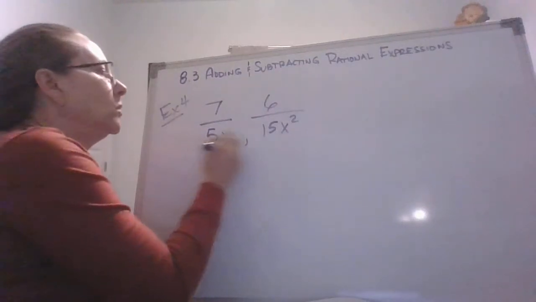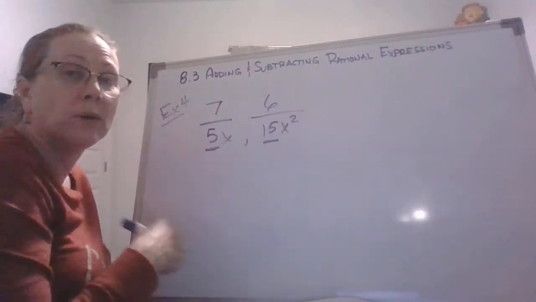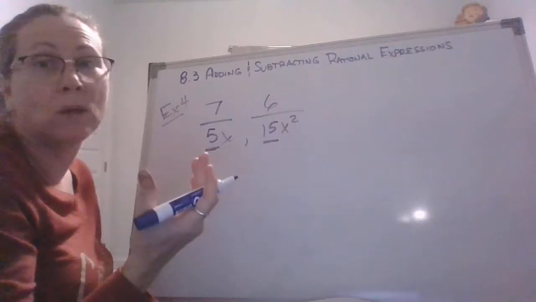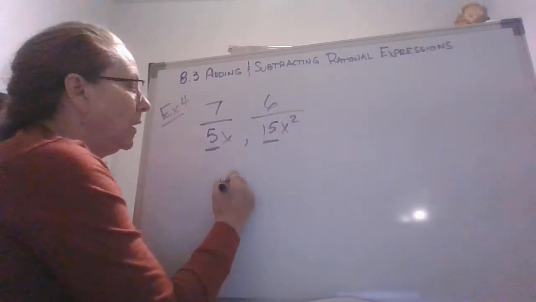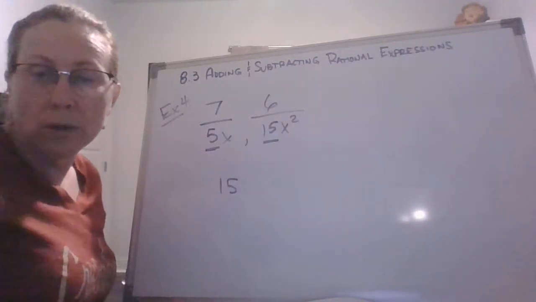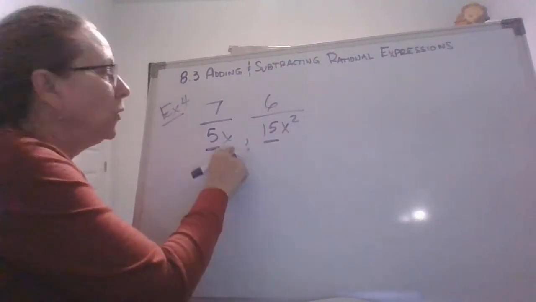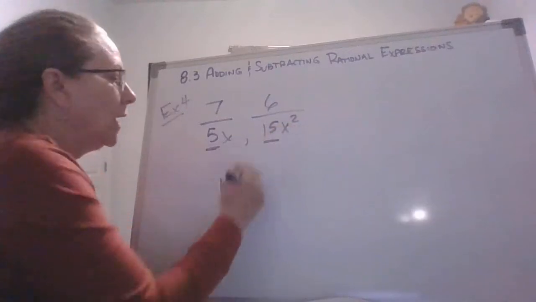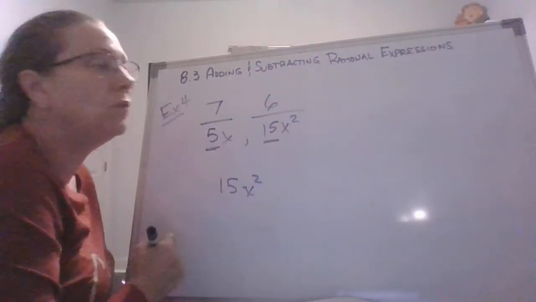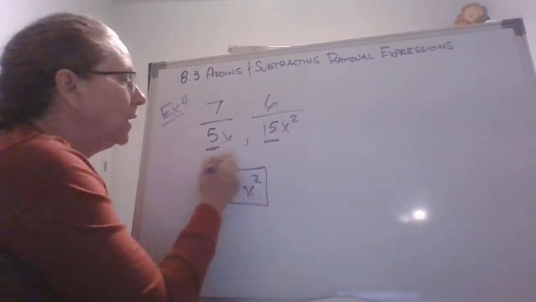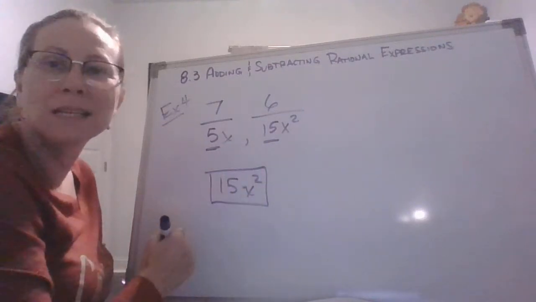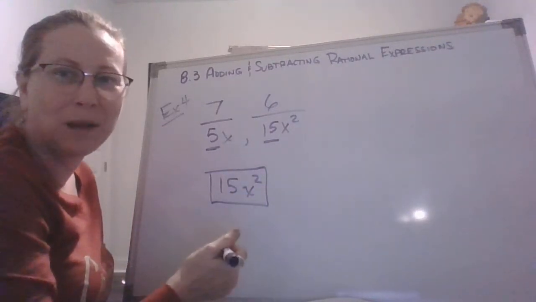Well, again, let's look at our digits. 5 goes into 15, so we don't have to really search very far. 15 is the numerical part of our LCD, or our coefficient. We have x in both places. We're going to take the highest. So 15x squared is one of our denominators, and it is the least common denominator.